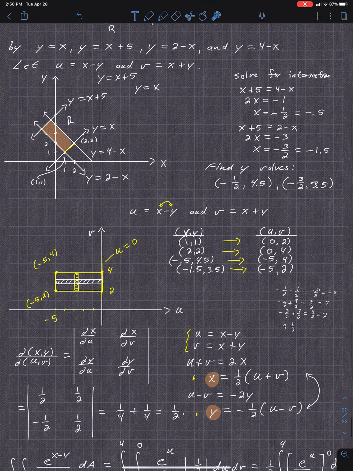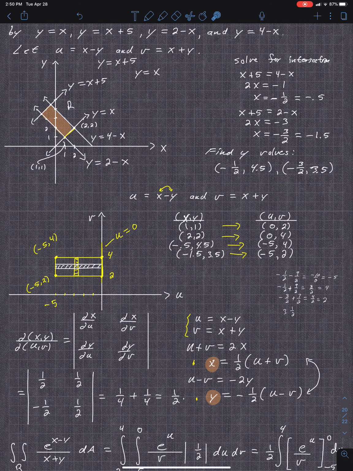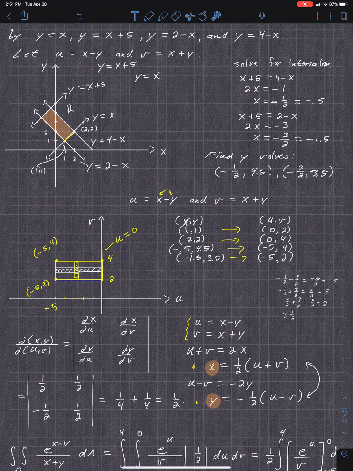When you do that, here are your points, and then you solve and get your points for u and v and plot them. Then you have to decide how you're going to integrate over that. From there, you can calculate partial x, partial y.